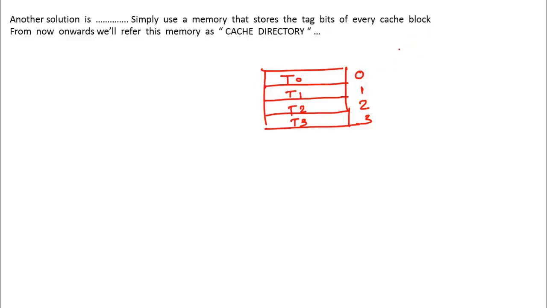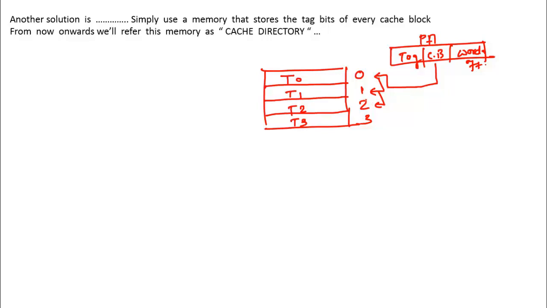Now this will work in this way. Let's see, this is a physical address, and these are those three parts. This is tag, cache block and word offset. Okay, now I will take this cache block and compare with: is it 0? No. Is it 1? No. Is it 2? Let's say it's 2.